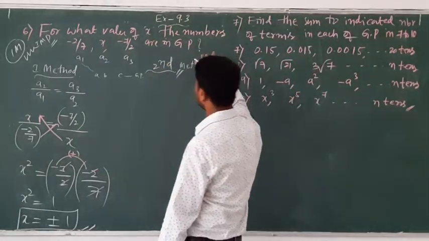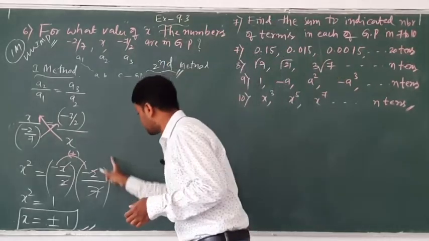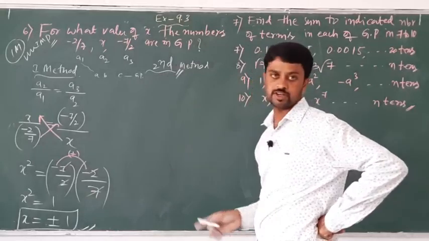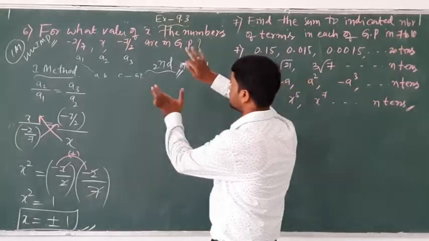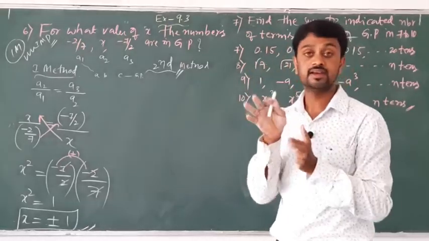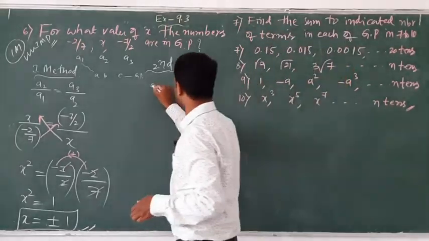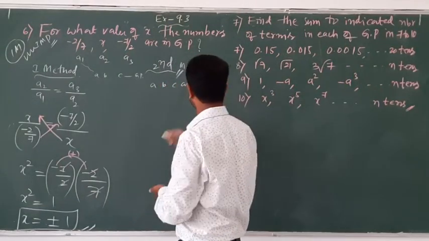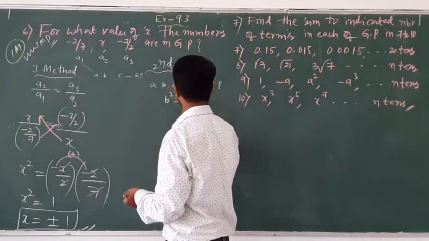If the question says are in GP with a question mark, then do this method. So A2 divided by A1 is equal to A3 divided by A2. Sometimes, if they give minus 2 by 7, x, minus 7 by 2 are in GP as given, then if A, B, C are in GP, what is the condition? B square is equal to AC.